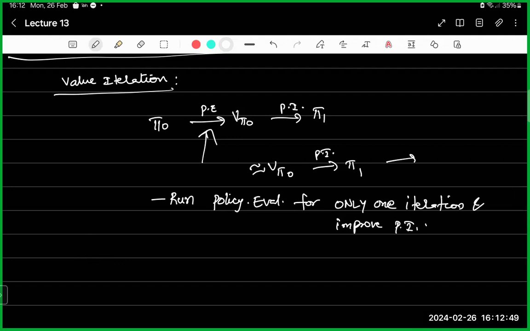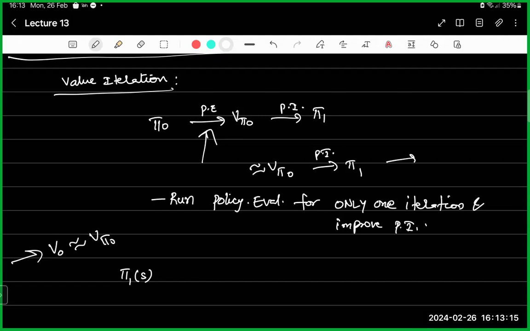So what is the policy improvement step? Let's say after applying policy evaluation only once, you got a v naught. Now you are trying to improve. Just treat your v naught as equal to v pi naught and apply policy improvement.